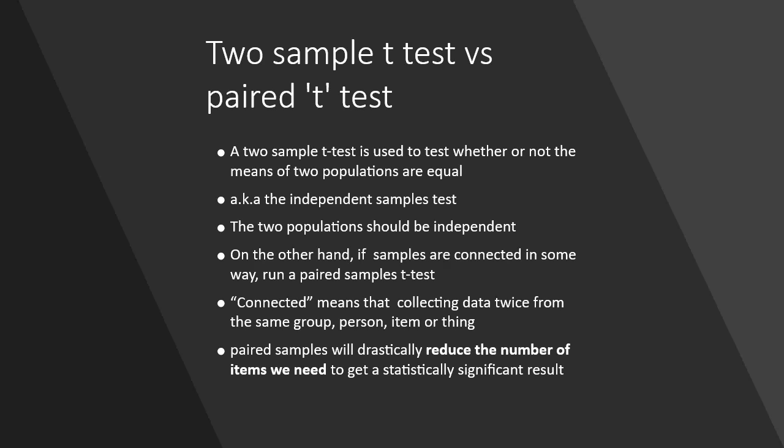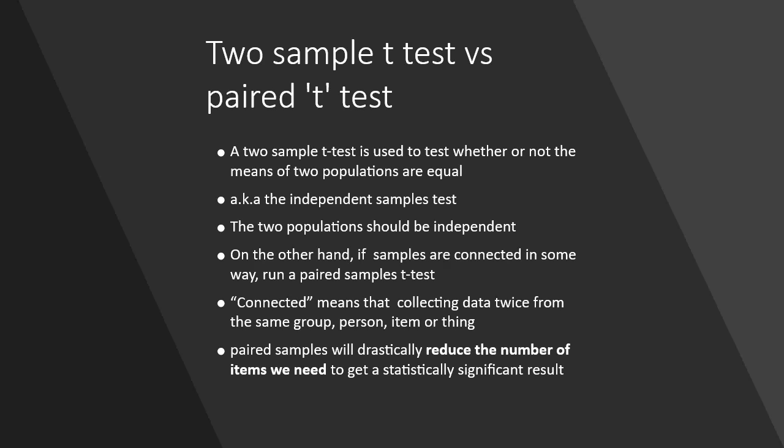While doing so, we are either doing it in paired manner or in unconnected manner. That is, if the samples contain the same subjects after a certain treatment, before and after, then we use the paired samples. Paired samples are generally a preferred approach to reduce the number of items we need to get statistically significant results.